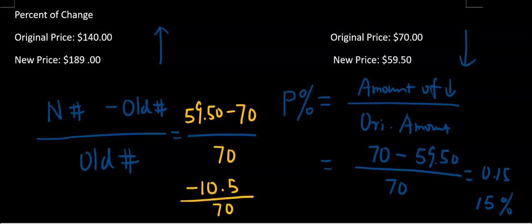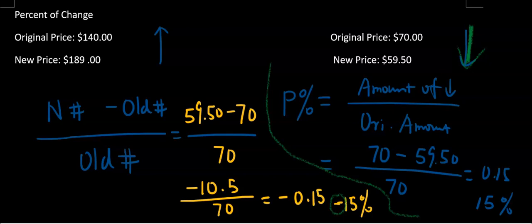Don't worry, we're going to get it right. And we have negative 15%. And remember, if it says negative, that means decrease. So 2 different ways.